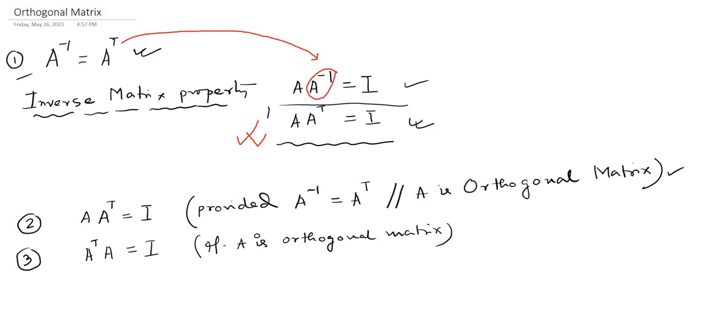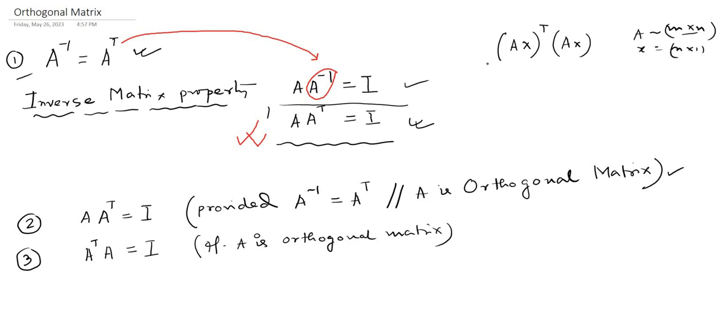Another important property which we'll discuss, let me write it down here. A is a matrix, and suppose X is a vector, and we take the product of the transpose of that with itself, where A is an m by n matrix and X is an n by 1 matrix.